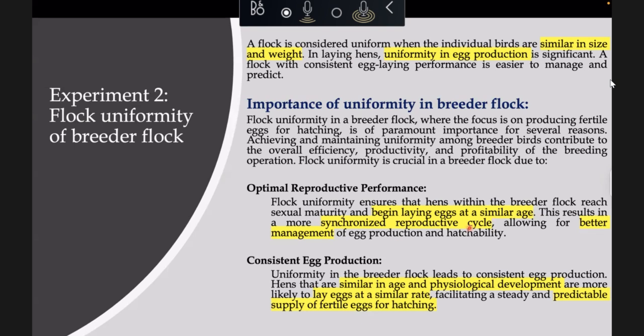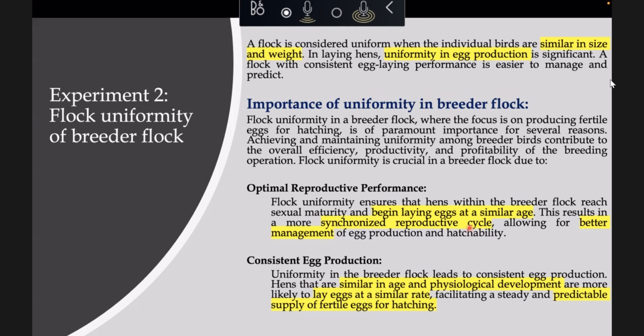That means they will come to production together, there will be peak production together, there will be a drop of production altogether, and there are other things like molting, and we have to vaccinate the birds at different ages.